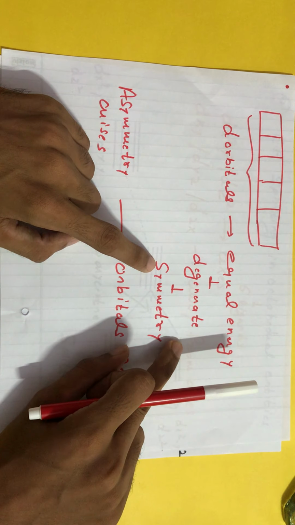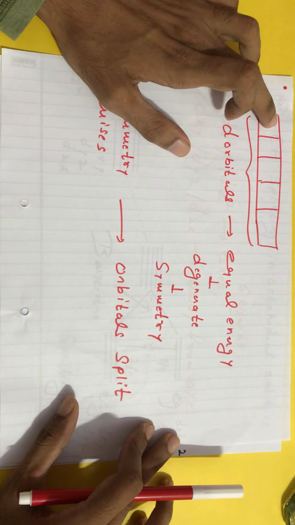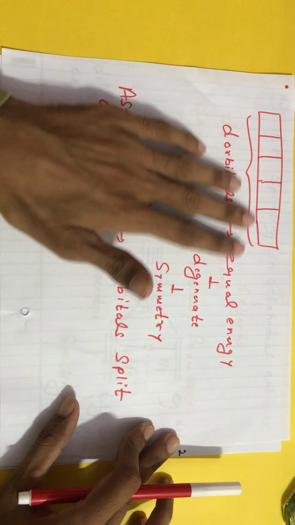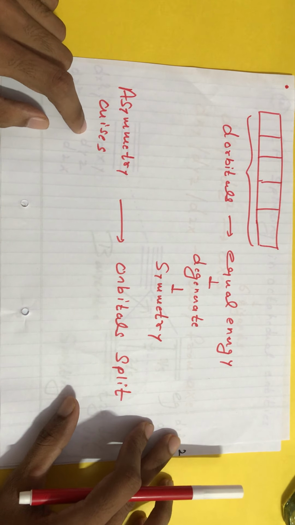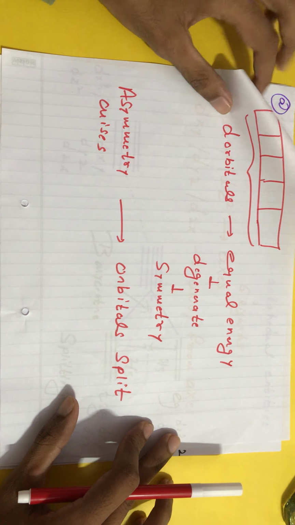Symmetry is preserved. But if asymmetry arises, if I fill one electron here, then the asymmetry arises because all the 5 orbitals will not be in equal energy. In such cases the orbitals will split because of the repulsion in energy.